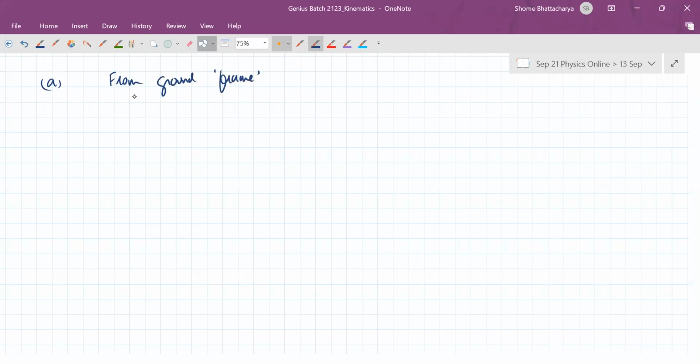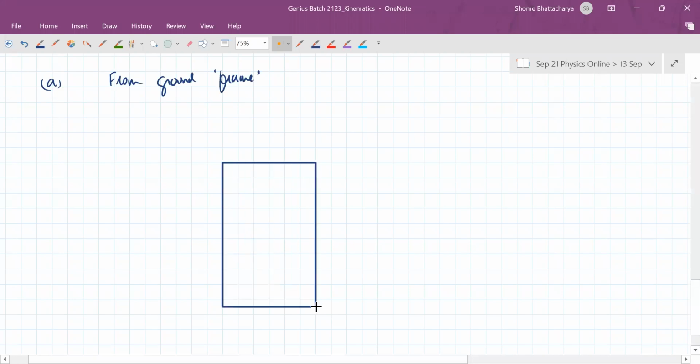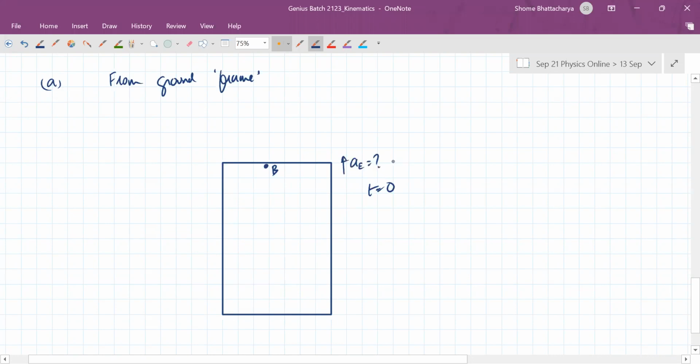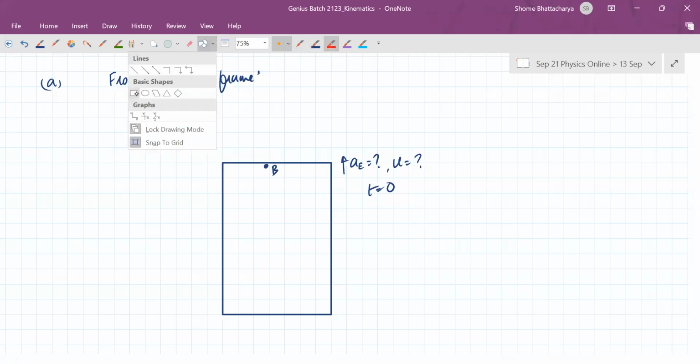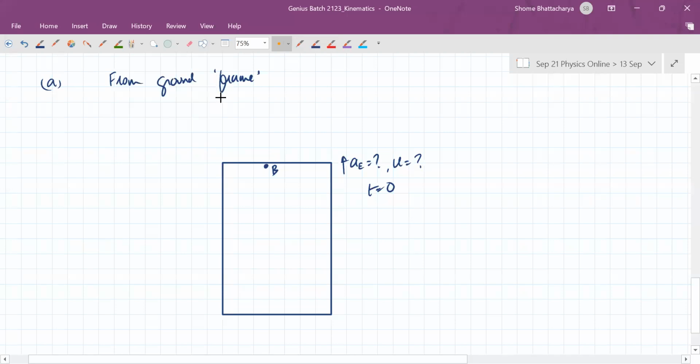So from the ground frame point of view, what is happening is that at t equal to 0, the bolt is here, and the elevator is here going up with an acceleration and with some initial velocity, which in the second part is given to us, but let's say here is unknown. And then at 1 second, what happens is something like this.